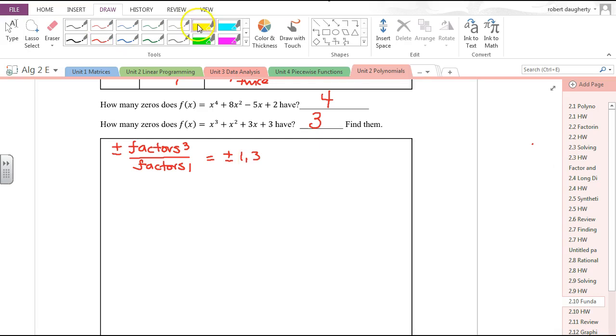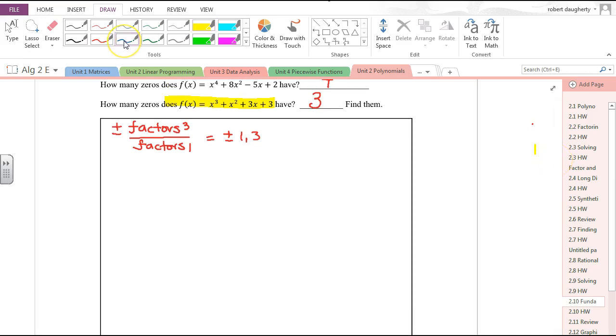Are there any shortcuts before I start? Yeah, okay. If I add those numbers, do they add to 0? I don't even have to add them to figure that out. 1 plus 1 plus 3 plus 3, without adding that, I know that does not add to 0 because those are all positive. So if these numbers are all positives, my roots would have to be what? Negative. So I'm going to try -1 and -3 and see if either of those works.